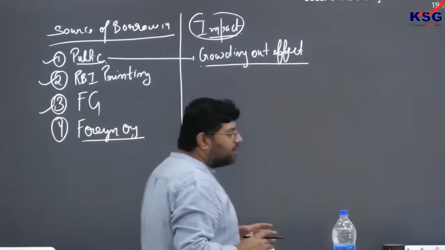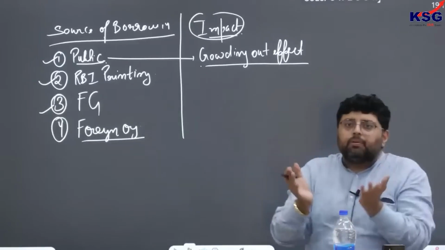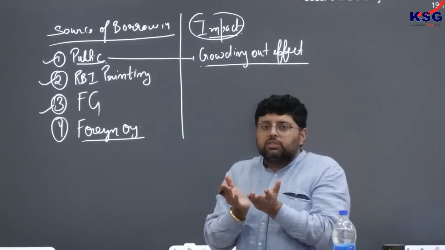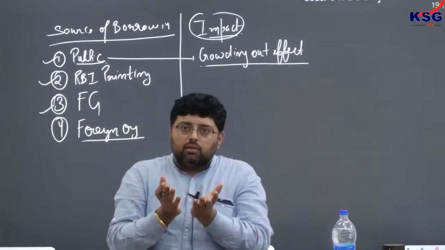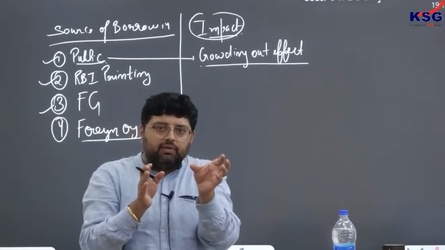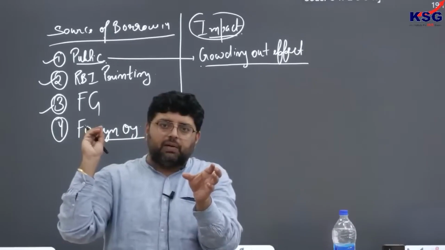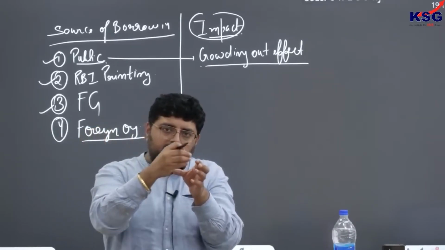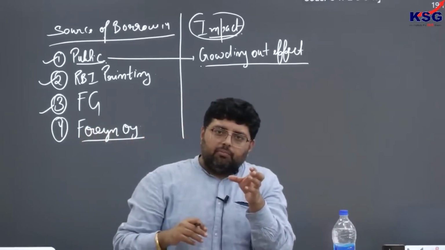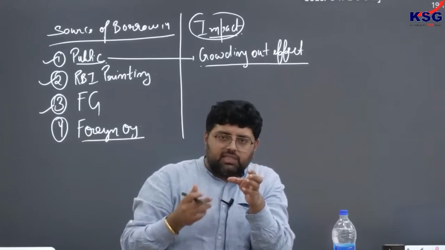Now, crowding out effect means what? You know that savings are limited in nature. Ultimately these savings are needed by the Government of India for its expenditure, and similarly needed by the private sector for its business activity.